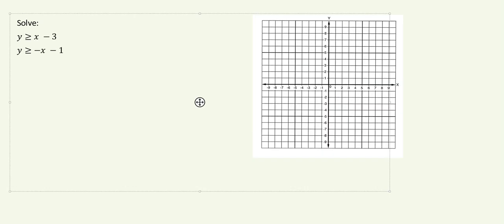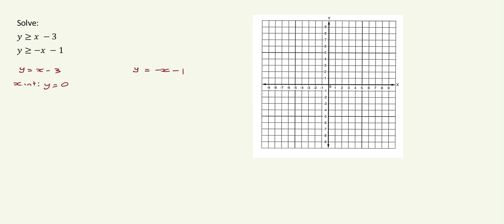Next, we have these equations here. We have y greater than x minus 3. So we always start with y equals x minus 3. And then on this side, we have y equals negative x minus 1. So we look for the x-intercept, y equals 0. So at the x-intercept, y equals 0, that means that 0 is x minus 3.